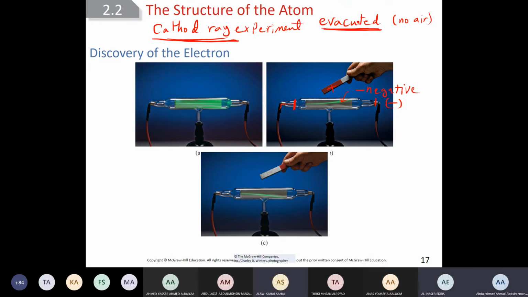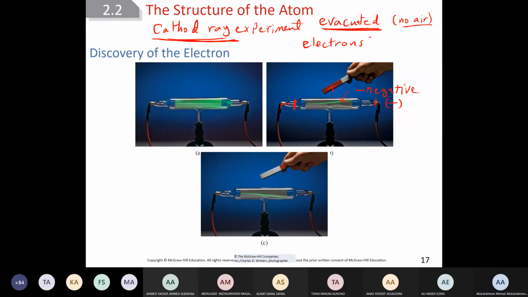Nothing is inside. No air. And what did he find? That something is moving. And what's the charge of the thing that was moving? Negative. And what did he call them? Electron.